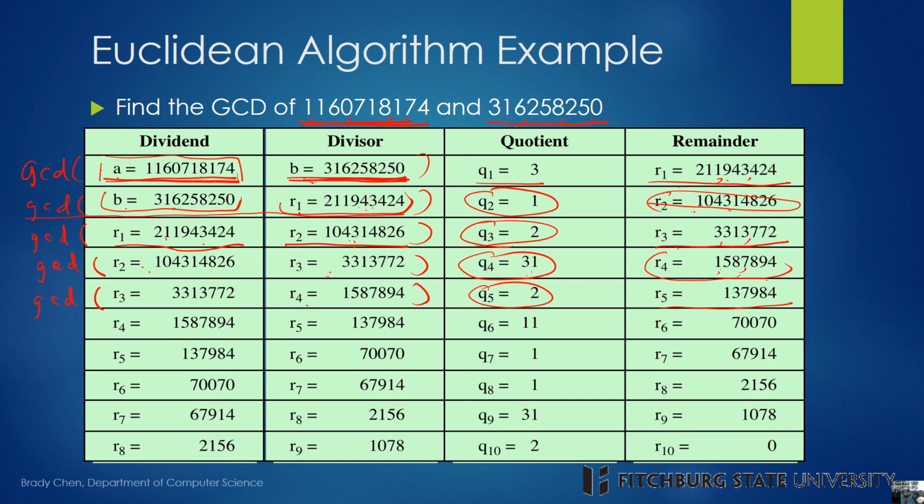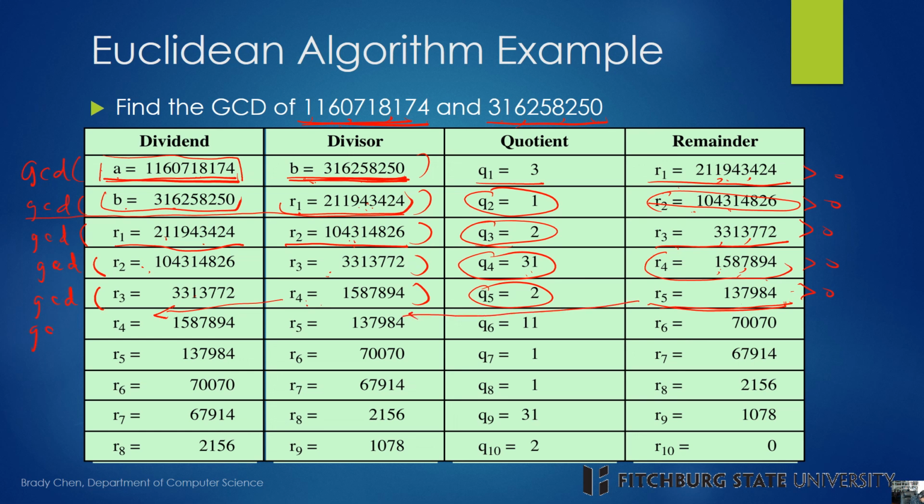What's that? 137,984. It's even smaller. So it's still not 0, right? It's still greater than 0. So then we're going to continue to do this, and we replace R3 with R4, and replace R4 with R5.